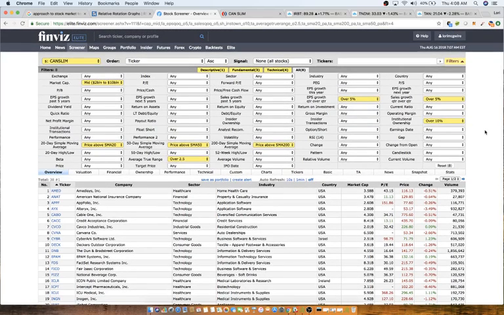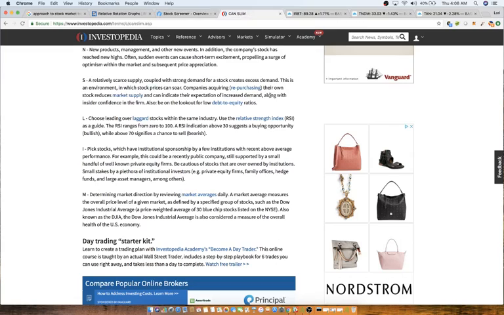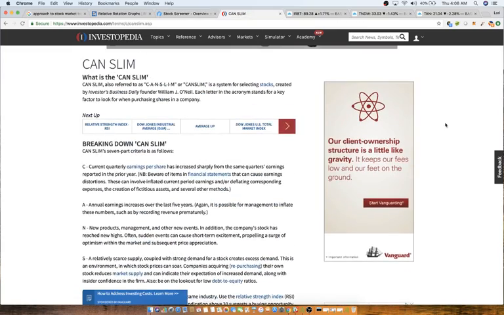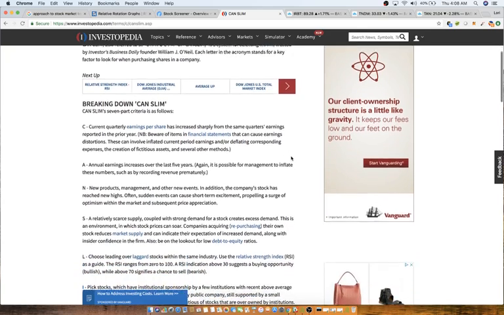I posted this in the swing trade channel, the CANSLIM screener. So CANSLIM, let me just go over the definition of CANSLIM. CANSLIM is a system for selecting stocks created by IBD founder William O'Neil, I believe in 1952. Each letter in the acronym stands for a key factor.